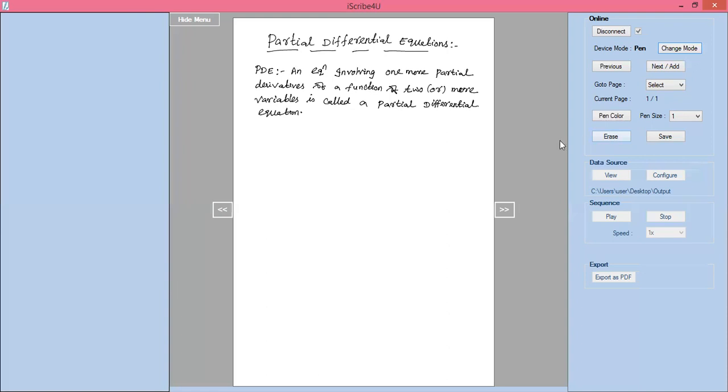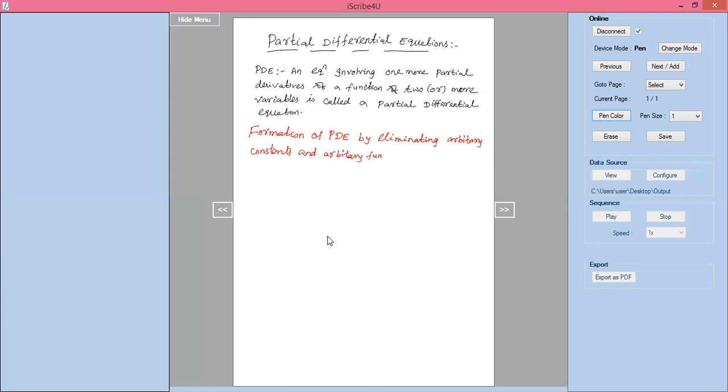Next, in today's class, in partial differential equations, we are going to see formation of PDE by eliminating arbitrary constants and arbitrary functions.